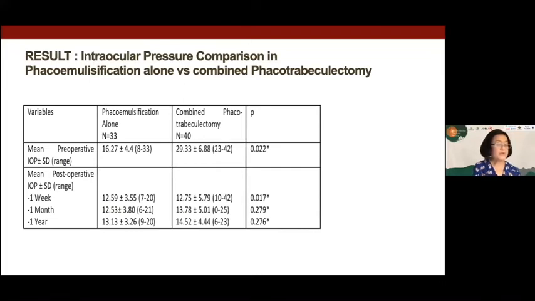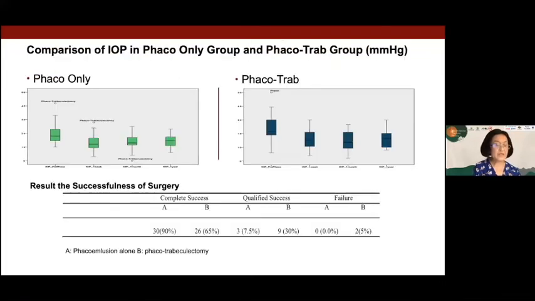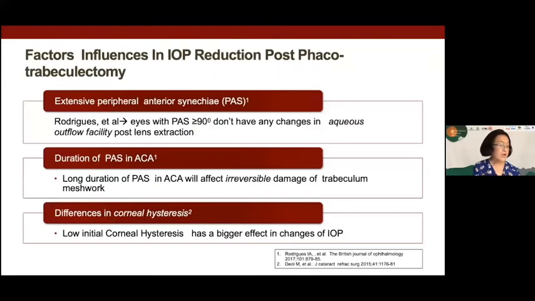The reduction of IOP is shown in the bar graph, and the success of the operation is classified into 3 categories, namely complete success, qualified success, and failure. Complete success was higher in the phacoemulsification group, as shown in the table. Unfortunately, there were still 2 cases of failure in the combined phaco-trabeculectomy group.